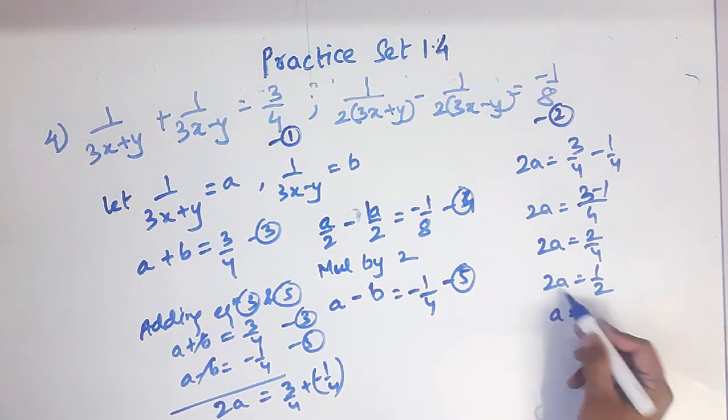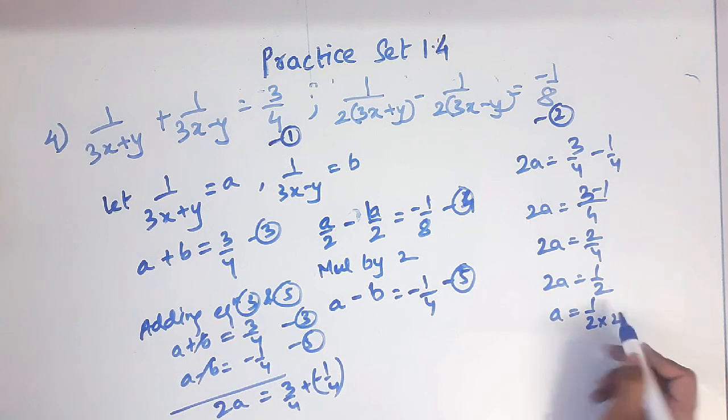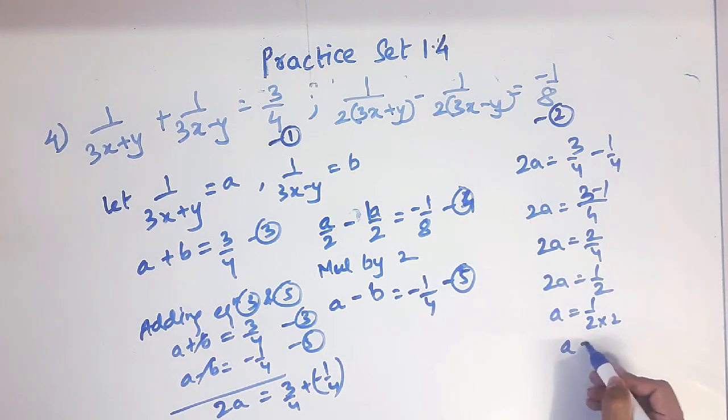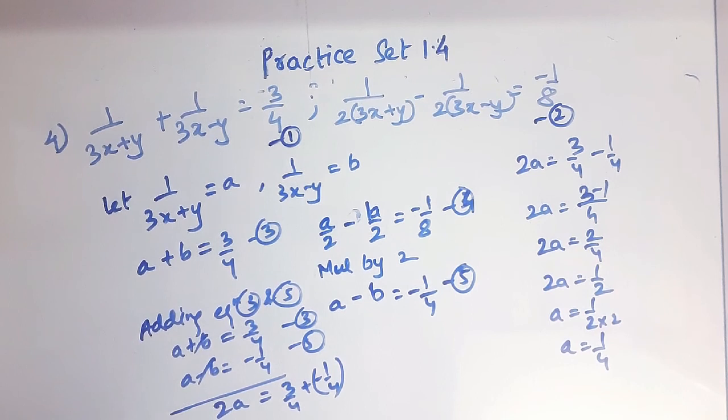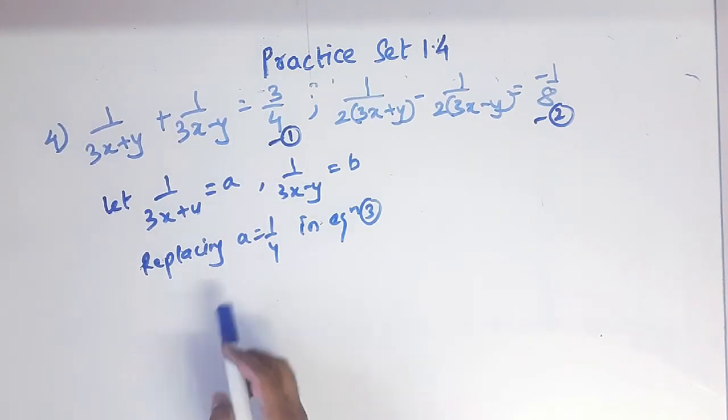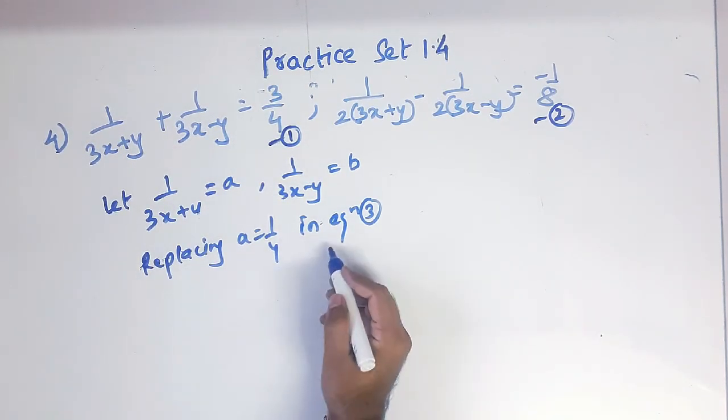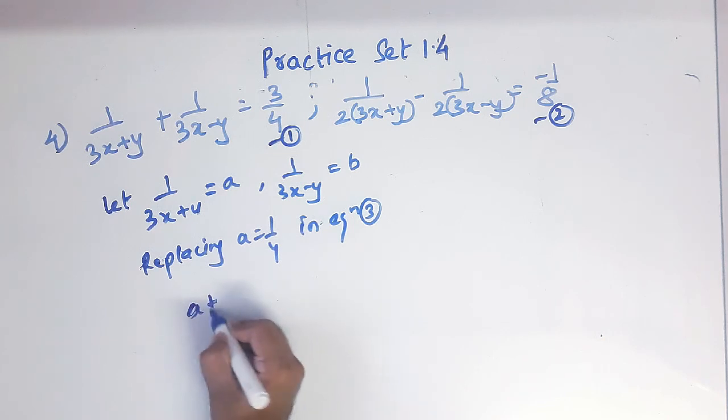2a will be equal to half. Okay, where will this 2 go? This 2 will again go in the denominator. So I got the value of a as 1 upon 4. Okay, now you can get the value of b. Here a is 1 upon 4. So you can see we have written replacing a equals to 1 upon 4 in equation 3.